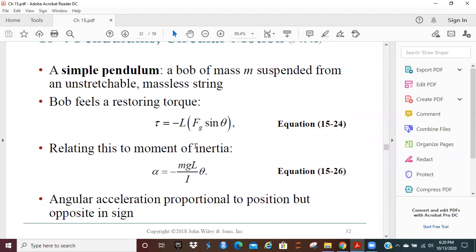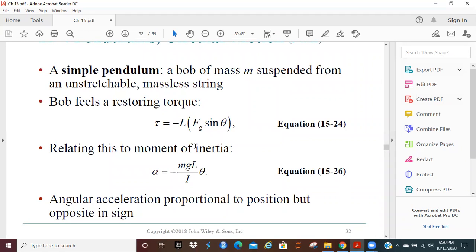So a simple pendulum: a bob of mass m suspended from an unstretchable massless string. The bob feels a restoring torque, in other words, something that's going to pull it back to where it was. That torque is going to be equal to minus L times the force of gravity times the sine of theta.